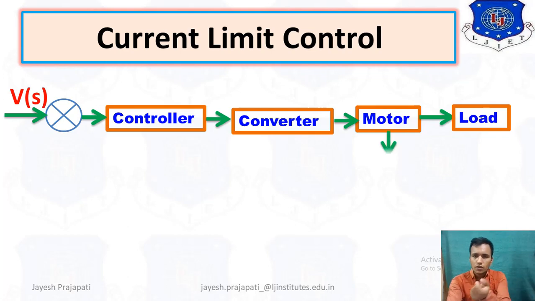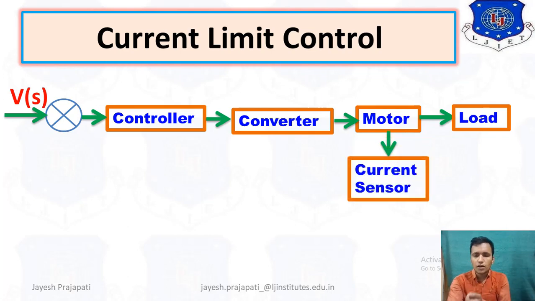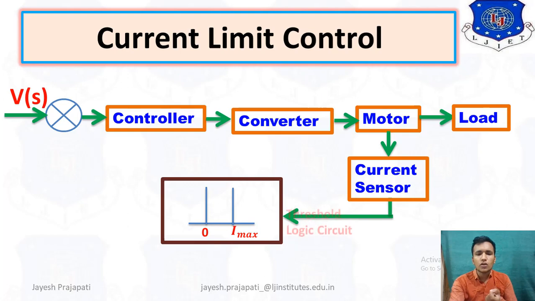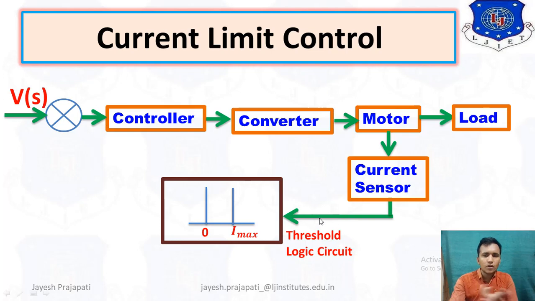Now here, we measure the motor current by the current sensor. Then we give this current value to the threshold logic circuit. In the figure you can see a zero value and a maximum value. So if the motor current is within the threshold, it will not affect, but if it is above the threshold limit, then it will give feedback to the main controller system.